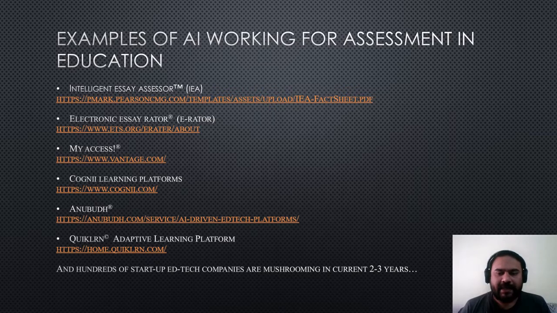These are some of the examples which are existing, and these artificial intelligence systems are working for assessment in education. So, Intelligent Essay Assessor is a website on which you can just paste your essay, and this essay assessor will assess the different types of phrases and sentences.